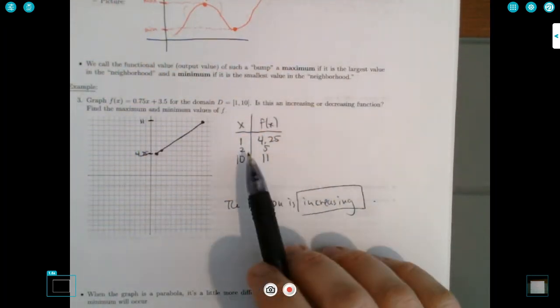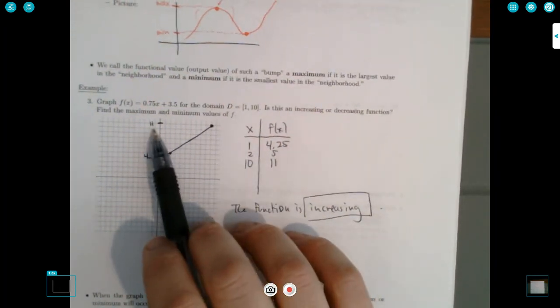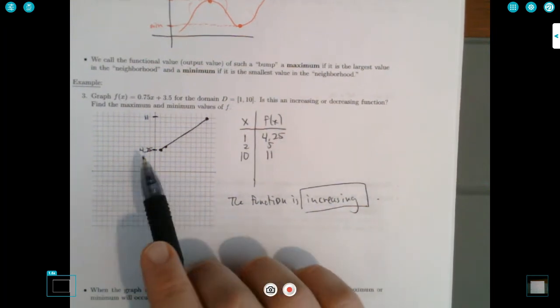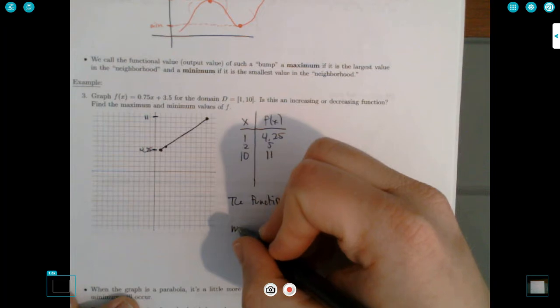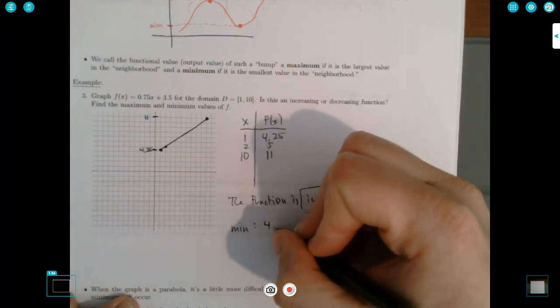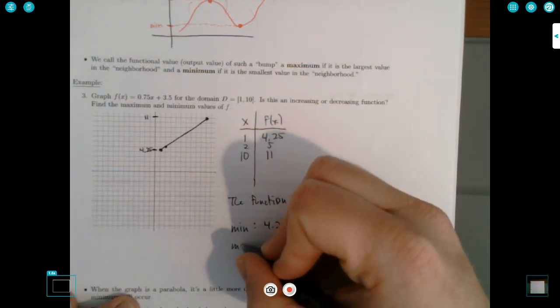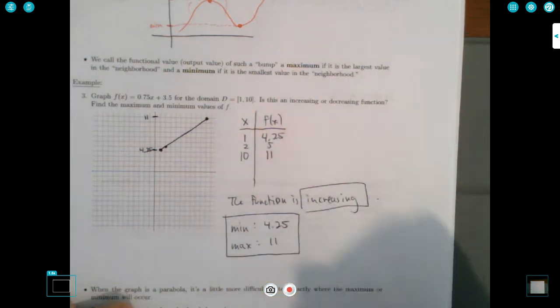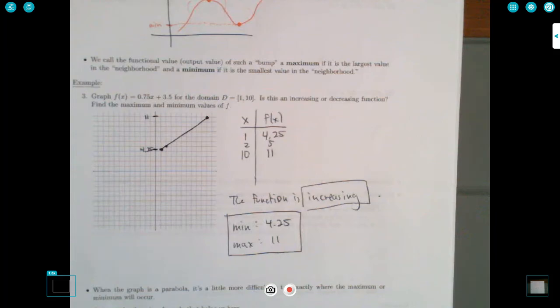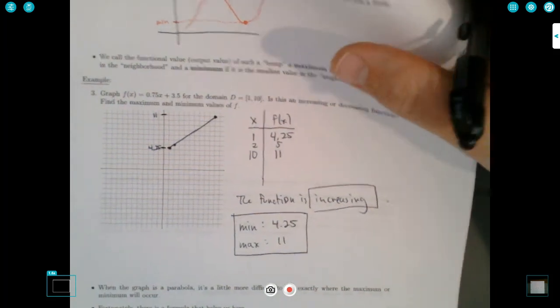This is the point 10, 11, so the y-coordinate is 11. So the minimum is 4.25 and the maximum is 11. Okay, so that's it for these kind of straight lines.